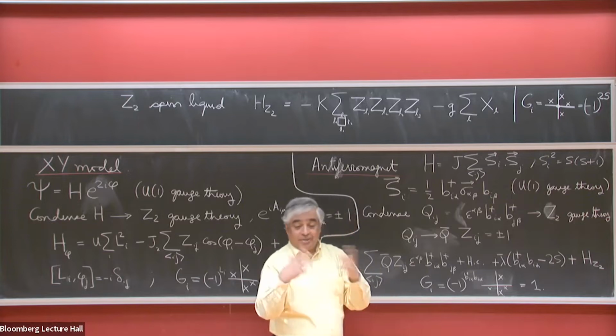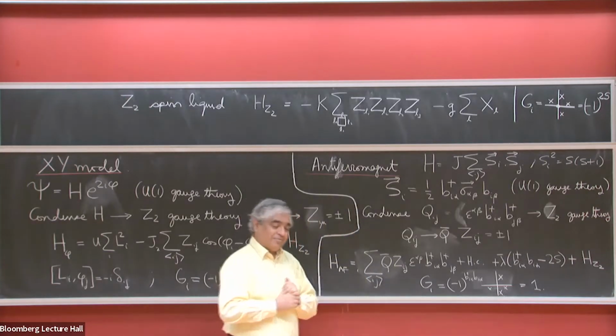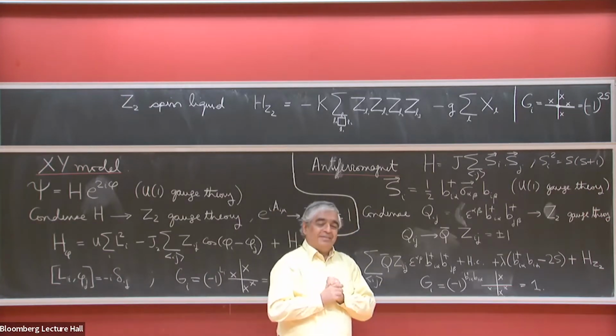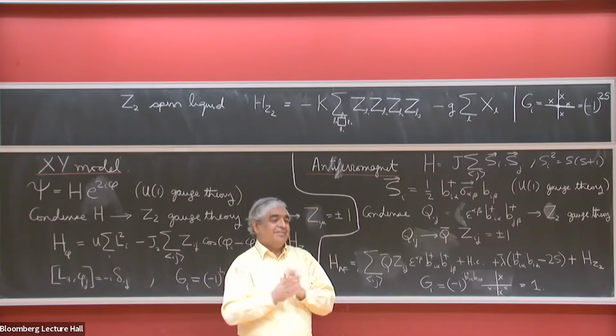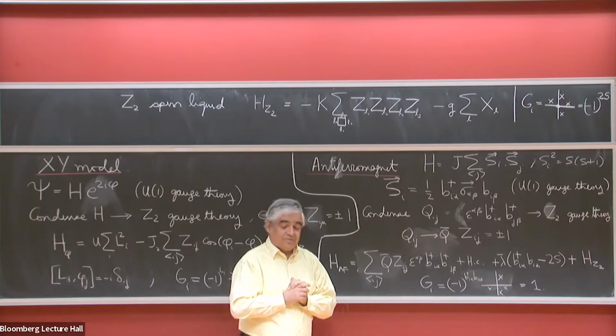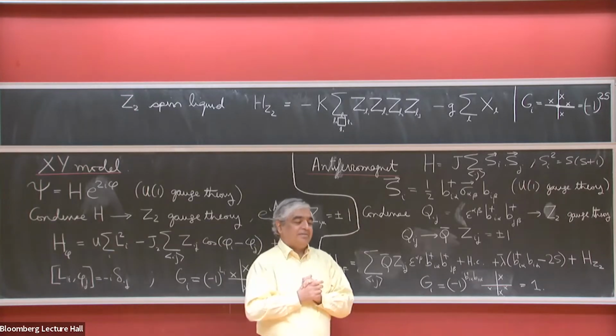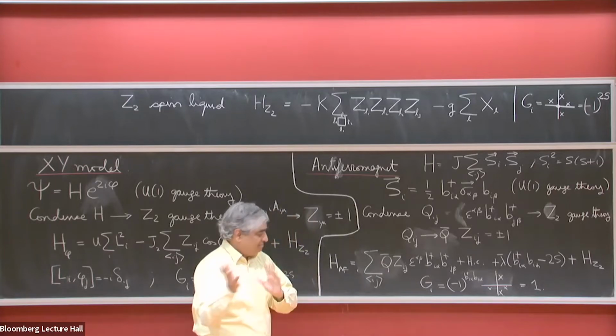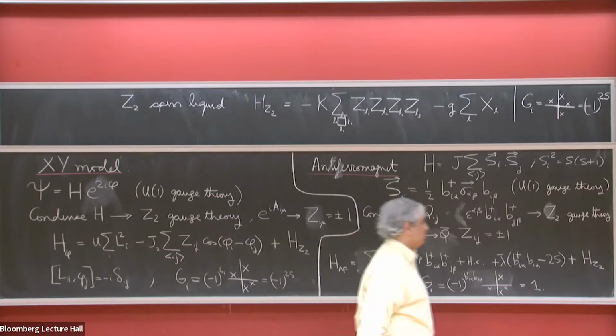So in that case, you do get a photon, and you do have to do a U1 gauge theory. That's also a very interesting thing to study, but it doesn't lead to a gapped spin liquid state. So that would be another set of lectures. We won't talk about it.